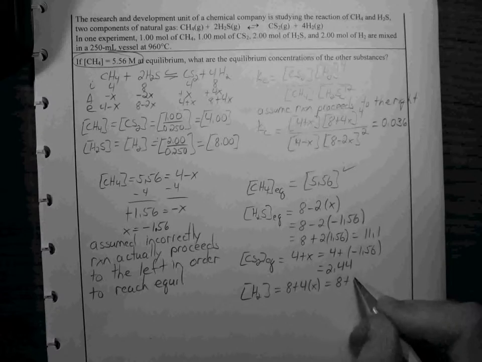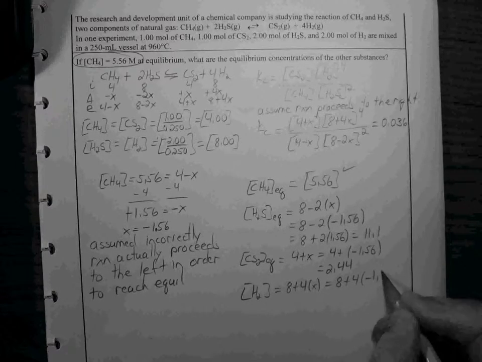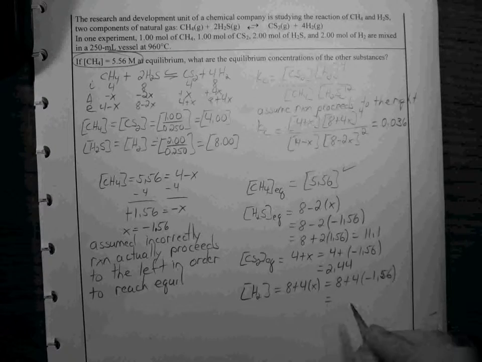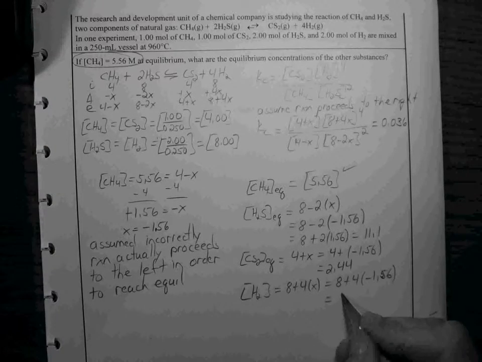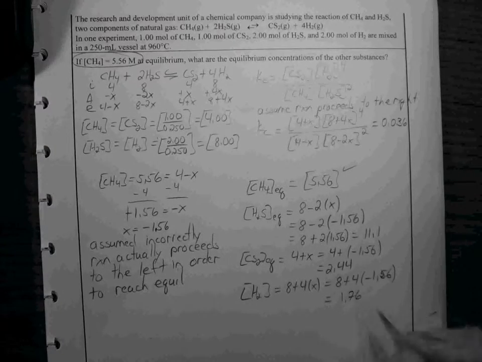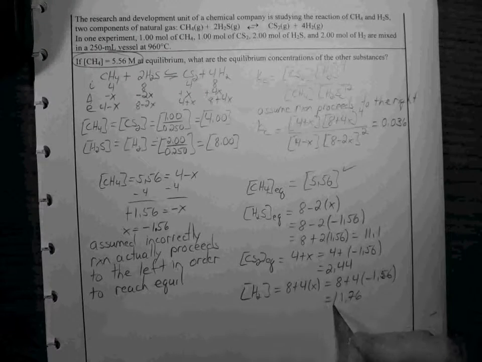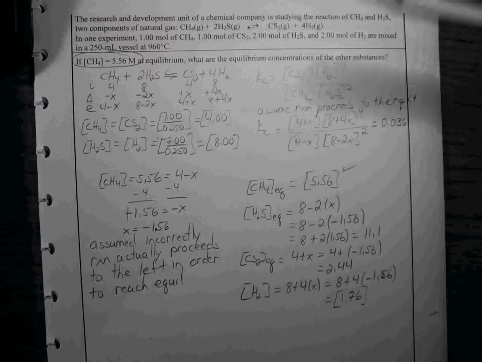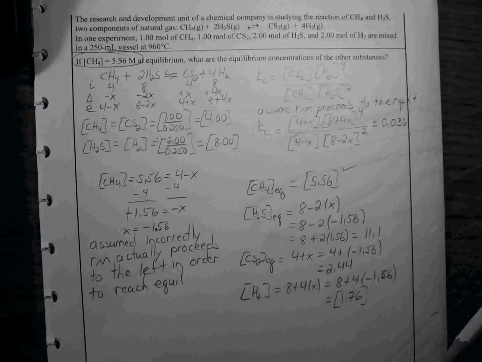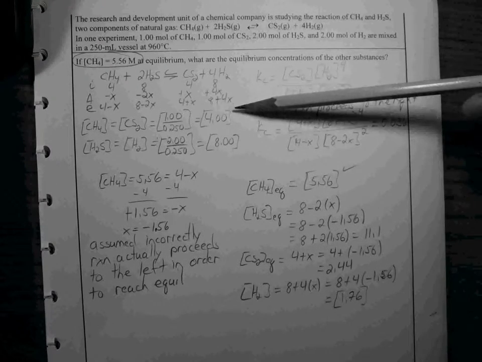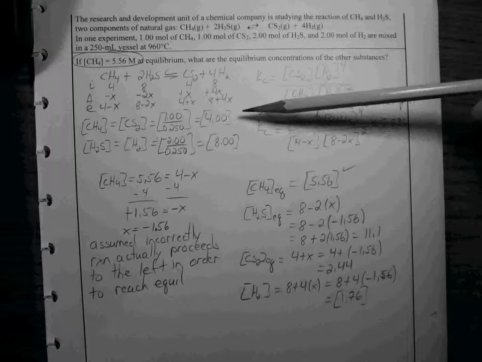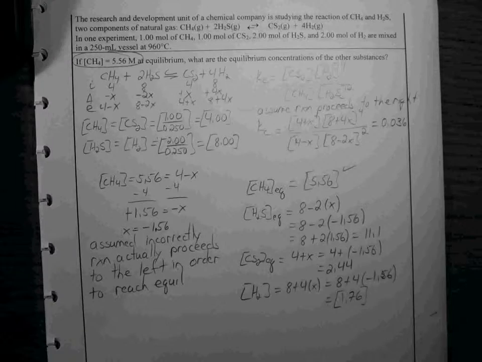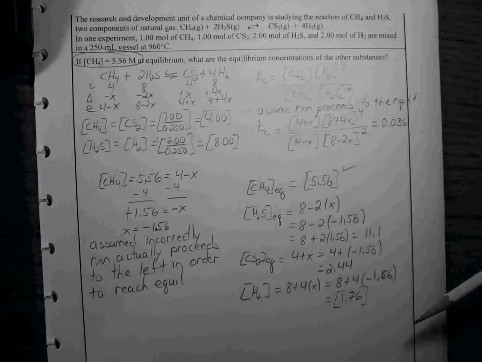It's 8 plus 4 times a negative 1.56, which is 1.76. Okay, so even though we've assumed the direction incorrectly, it's not a problem. We still can get to the appropriate answer as long as we are consistent.